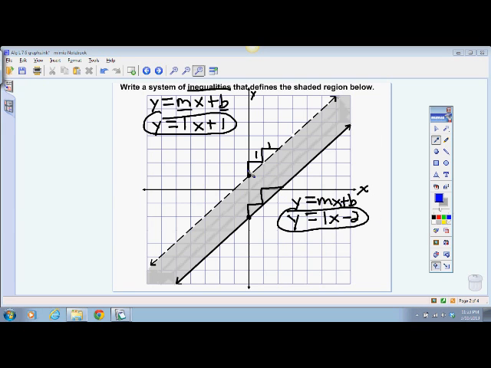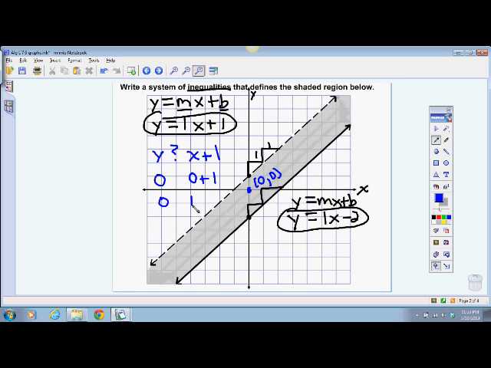So basically what you need to do is kind of work backwards. We know we're going to have y something less than, greater than, less than or equal to, greater than or equal to x plus 1. We just don't know what's going to be here. So again, if we use the point 0, 0, plug it in. 0 is what to 0 plus 1?